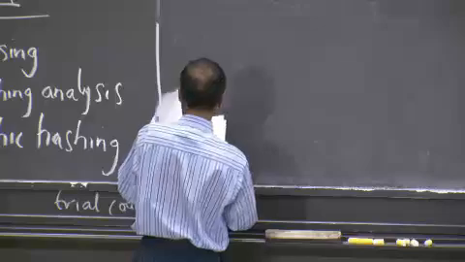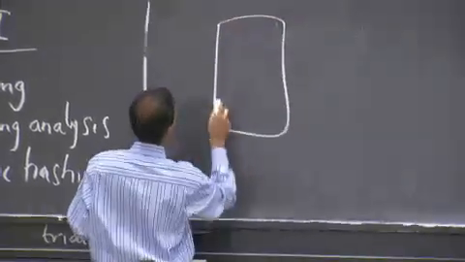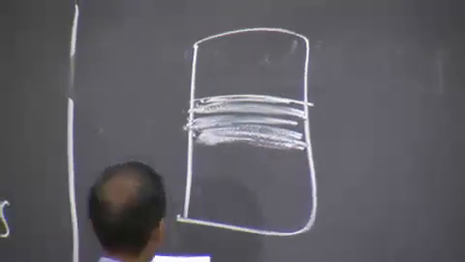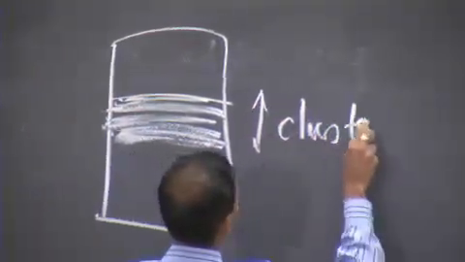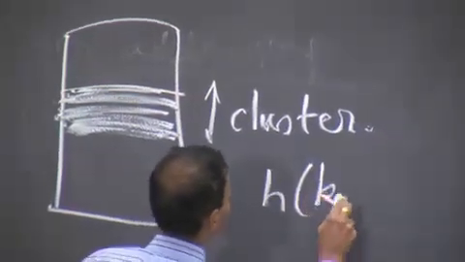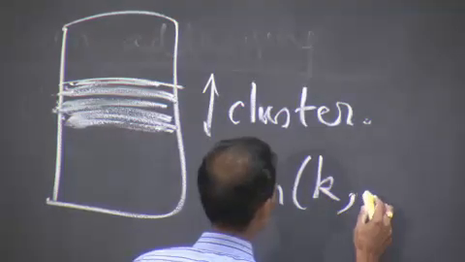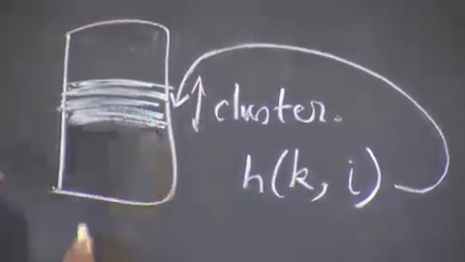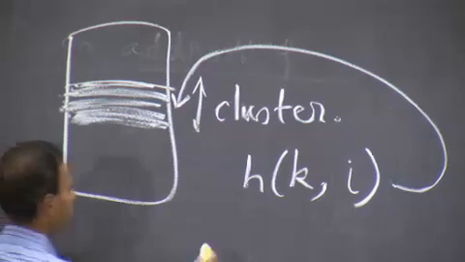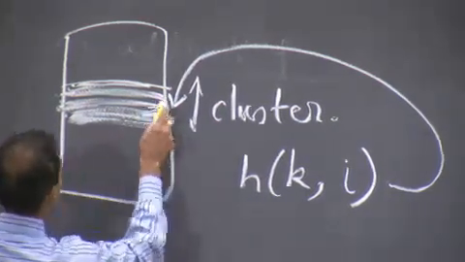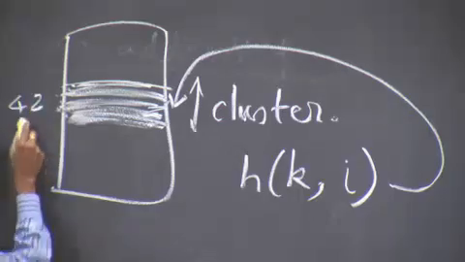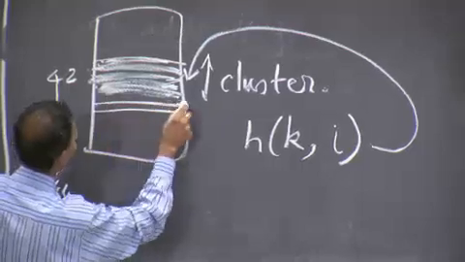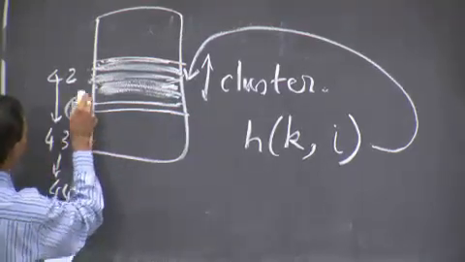So what's happening here pictorially really is that you have a table, and let's say you have a cluster. And this is your cluster. So if your h(k, 1), or it doesn't really matter what it is, but h(k, i) maps to this cluster, then linear probing says that if you map to 42 in the cluster, the next thing you're going to try is 43, 44, until you get maybe to this slot here, which is 57, for argument's sake.